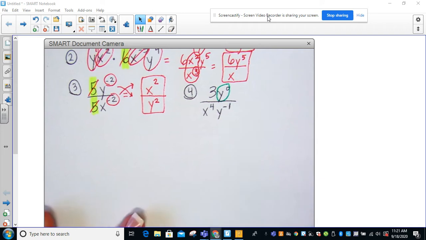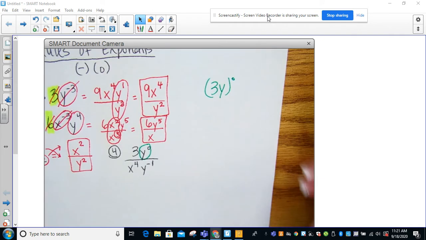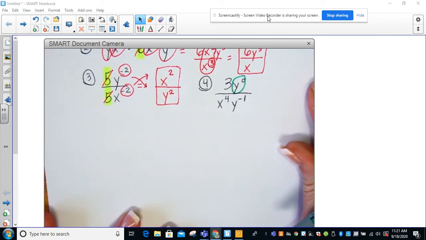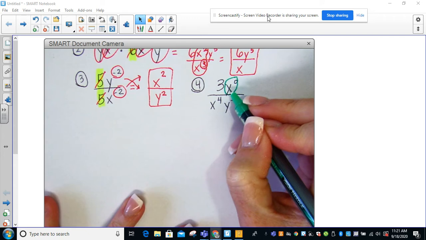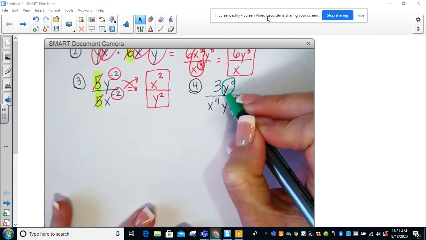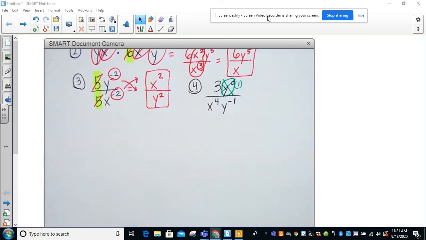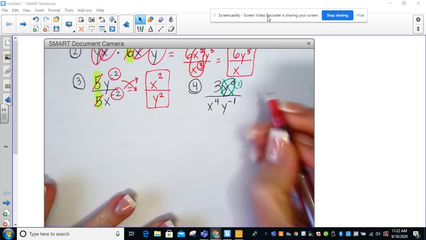If it was like this, then it would affect the whole thing with a 3 included. But it's not. It's just on the y, and anything to the 0 power is 1. So literally, it's going to cancel out because 3 times 1 is still just 3.